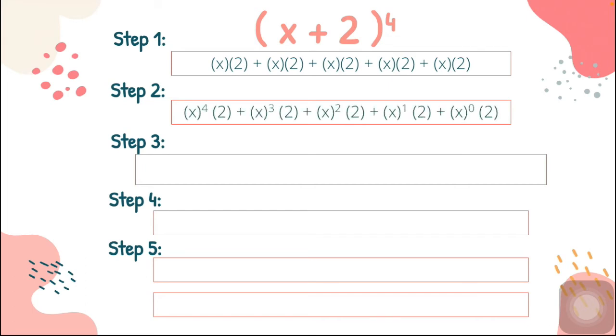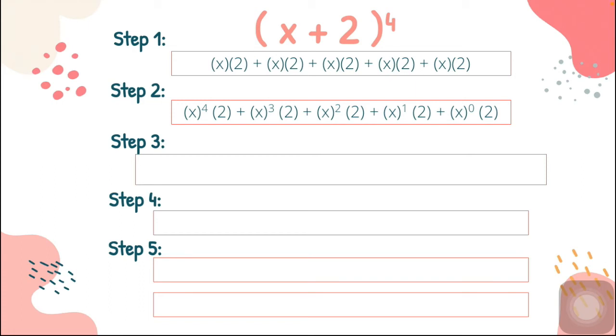So step 2 is to put the exponent in the first term, pero highest to lowest. So x raised to 4 times 2 plus x cubed times 2 plus x squared times 2 plus x raised to 1 times 2 plus x raised to 0 times 2.